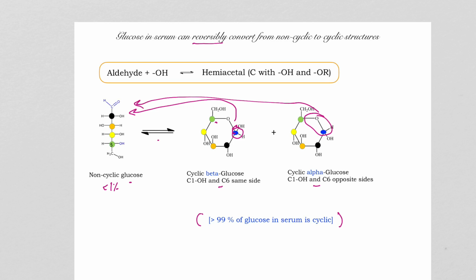So the cyclic form can be converted back to the non-cyclic form, and once again you get the aldehyde. So this can happen. But under cellular conditions, under physiological conditions, these 2 are the more stable forms. This is only 1% or less.